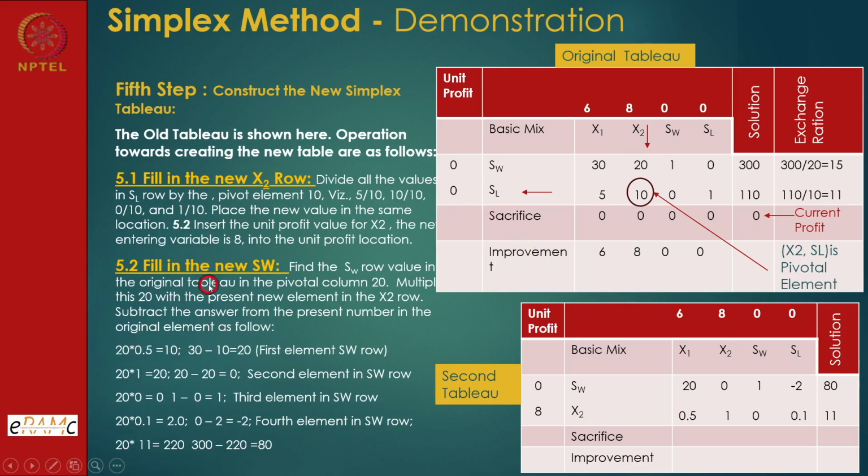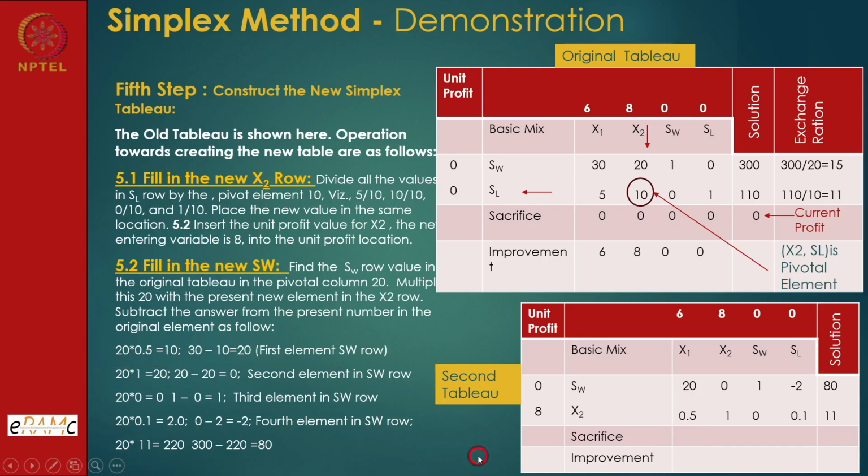Now fill in the new SW row. How will you fill it? You fill this by multiplying 0.5 into 20, 1 into 20.